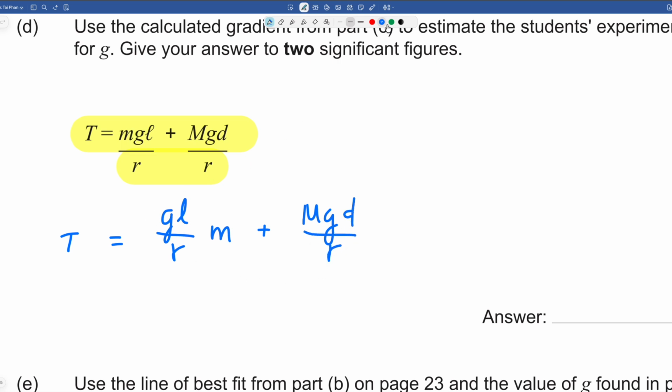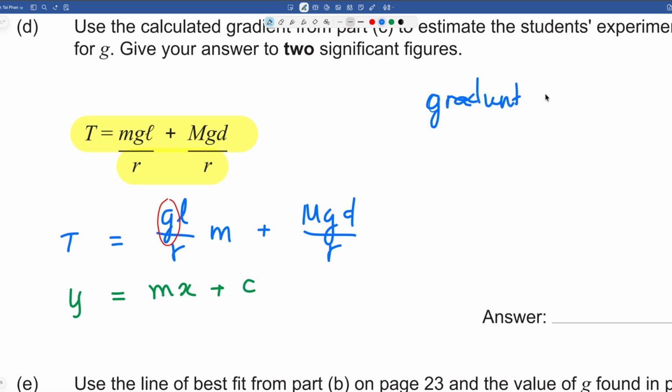So this equation looks similar to y equals mx plus c, where c here is the y-intercept, but we need to find the g in this expression. In this question related to the gradient that we calculated, the whole thing here, gL over R, is the gradient. So let me write that gradient.